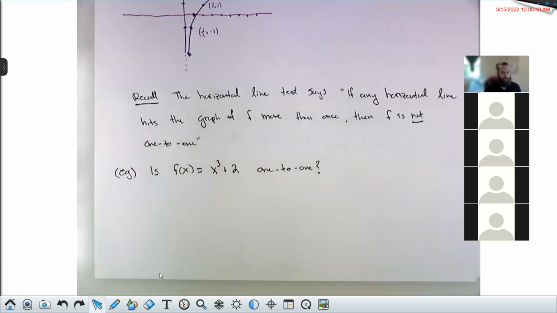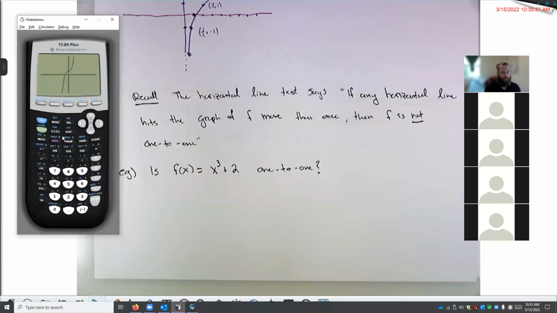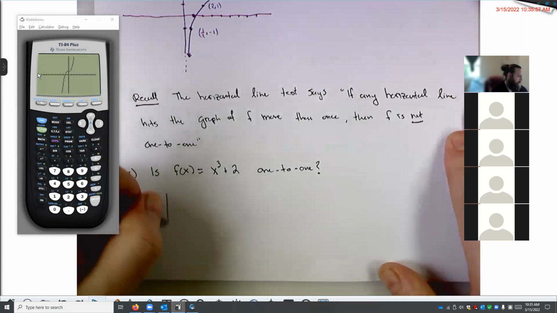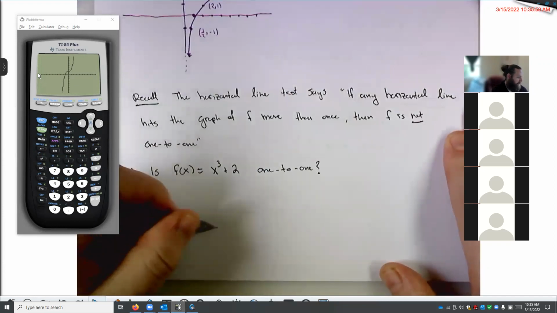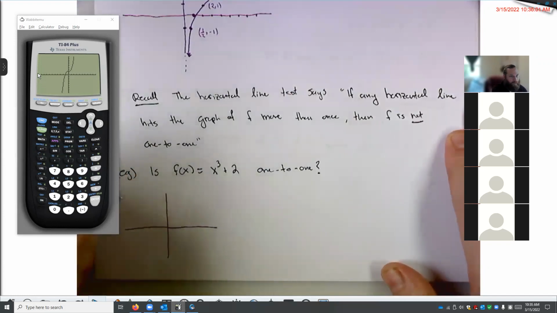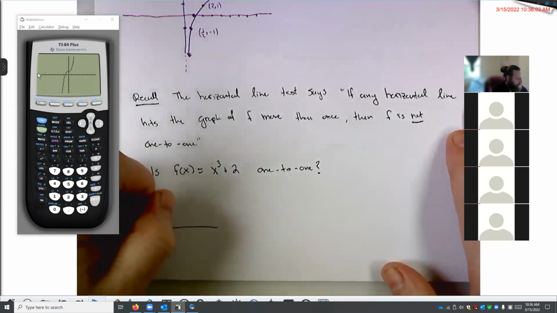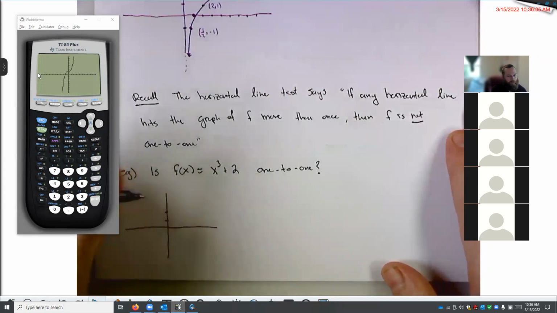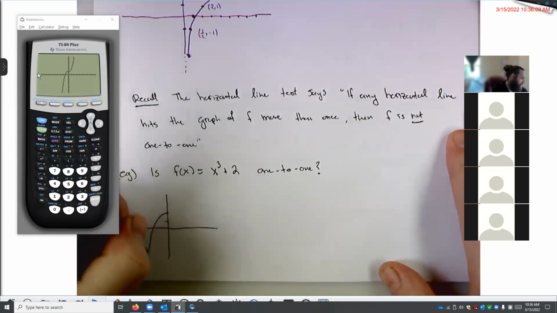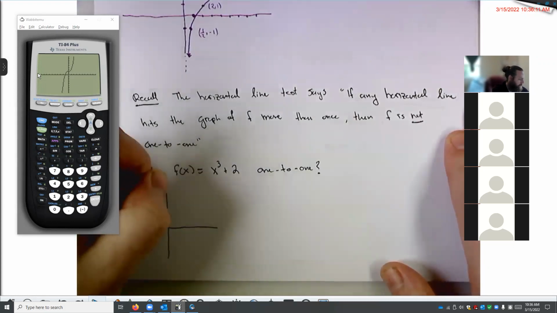So we pulled out our graphing calculator and we got a nice picture of the graph here. You can sketch it really quick. It's nice to have it on paper so you can play with it. Looks like our y-intercept is up here at 0, 2. And we've got this kind of S curvy shape.